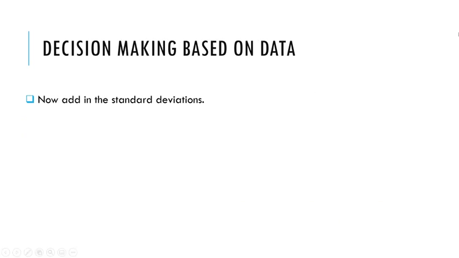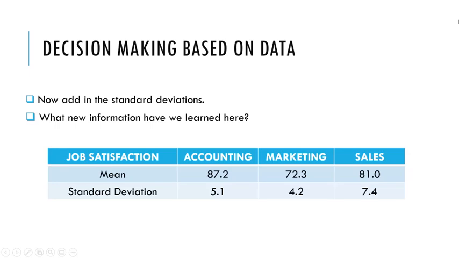Instead, what if we had data on standard deviations as well? So what new information have we learned if we report standard deviation along with the mean? Well, now this is very interesting, right? Because let's look at our marketing department. They had the lowest mean level of satisfaction, but they also have the lowest standard deviation.